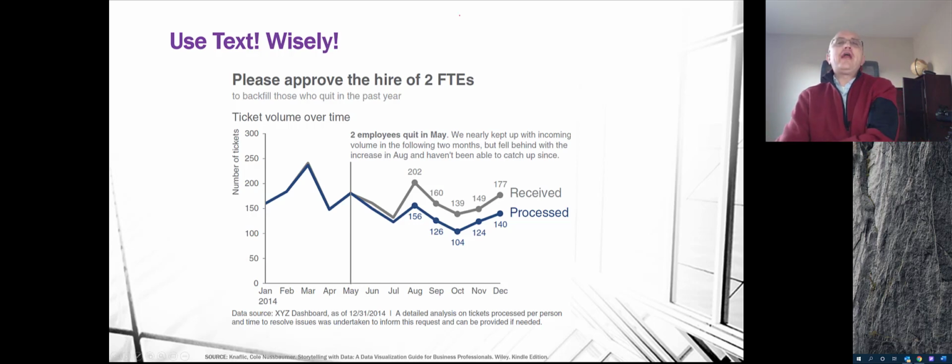And so make sure it goes back to this decluttering, this relevance. Does the text have an impact on your story, on your question? Is it relevant to the story you're trying to tell? And you see, she said 2 employees quit in May. That's important text. That's an important concept to understand to get the point we're trying to make with this viz.